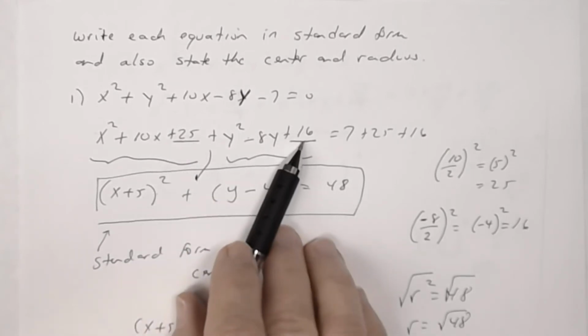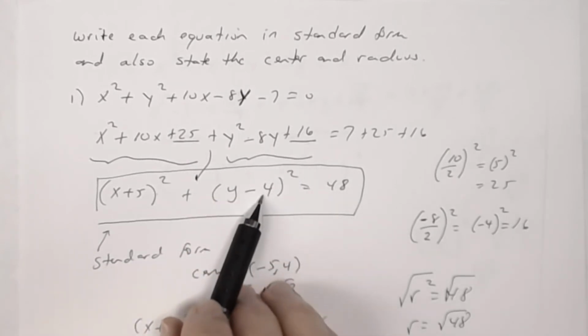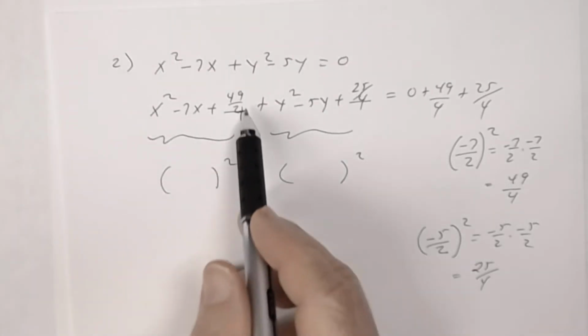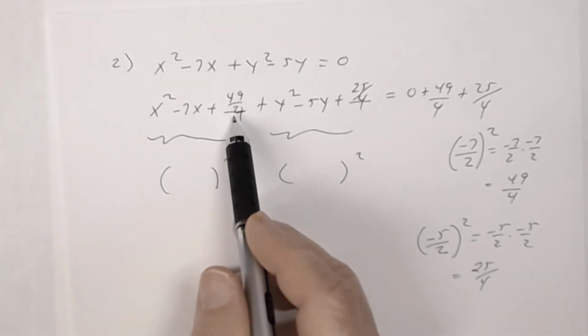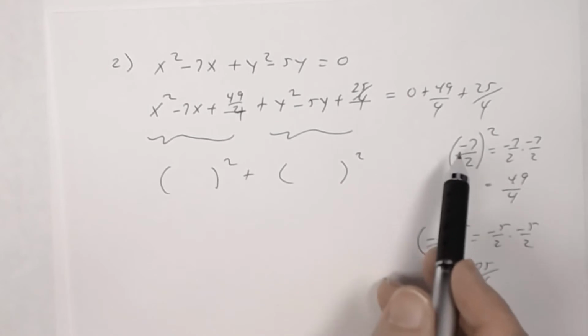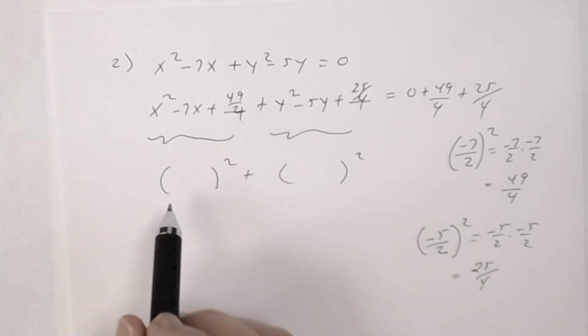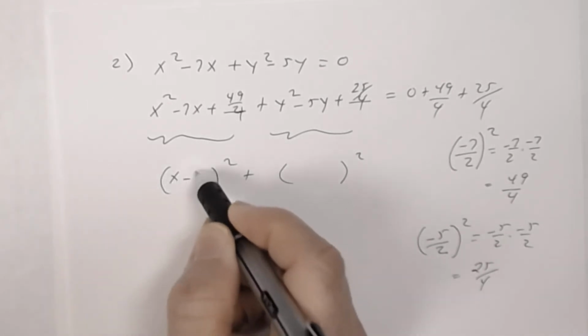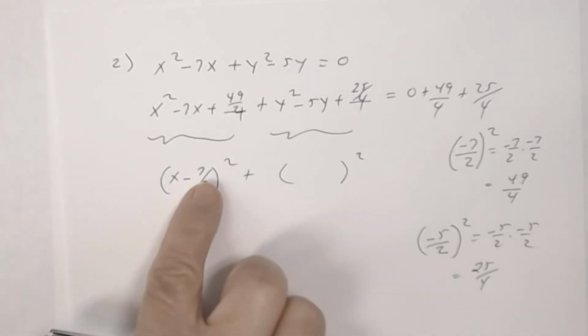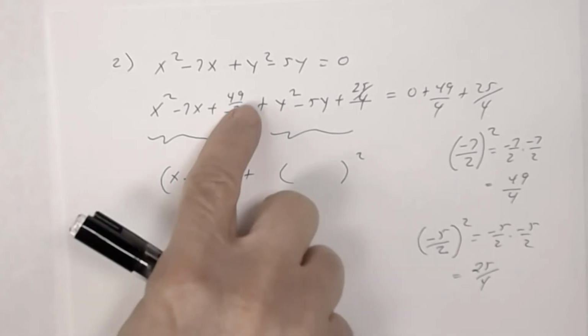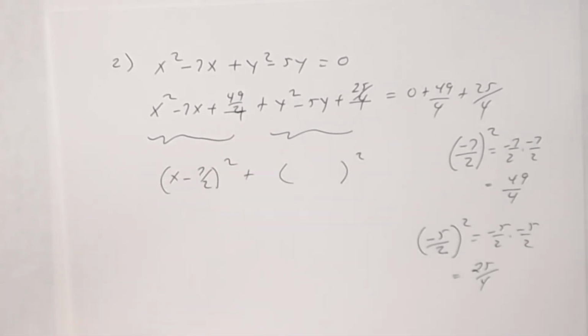What times itself is 16? 4. Okay? So do the same thing. What times itself is 49 divided by 4? Well, 7 divided by 2, except we're going to use that negative, because that's negative right here. So we're going to say x minus 7 divided by 2, because 7 divided by 2 times 7 divided by 2 is 49 divided by 4. Okay? So don't make it difficult.